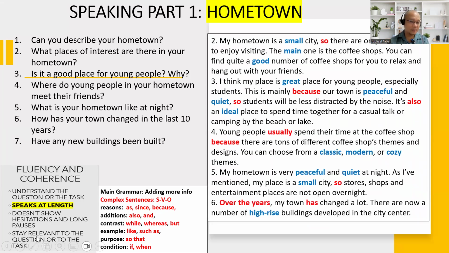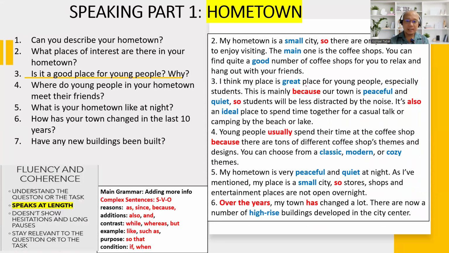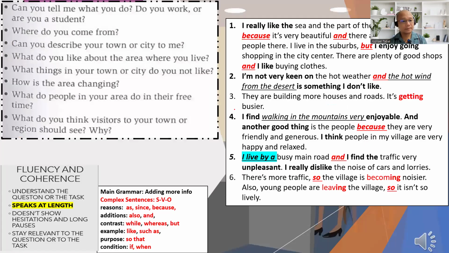As you can see here, the words highlighted in red are conjunctions. These are conjunctions which help the candidate extend their answers.